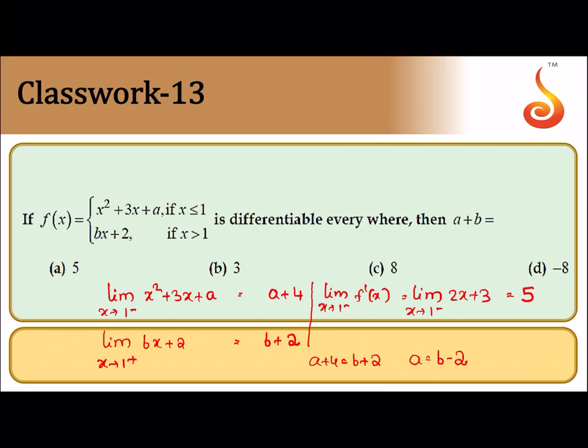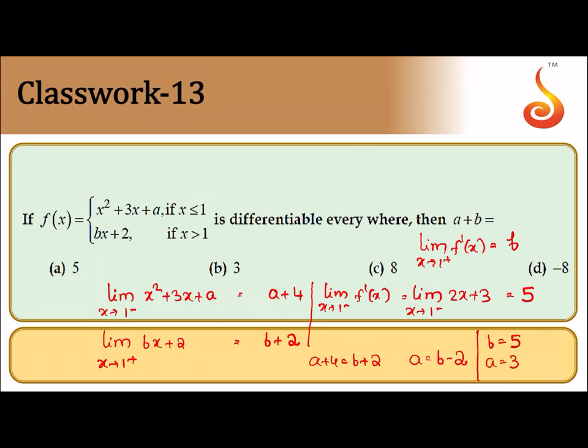Now we'll check the differentiability. So limit x tending to 1 minus f dash x will be 2x plus 3. This will give you 5.